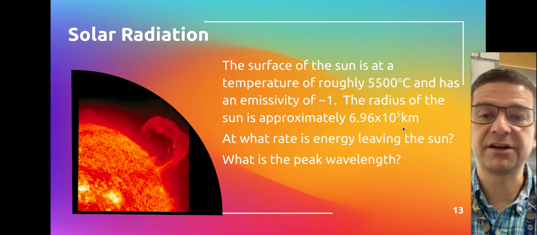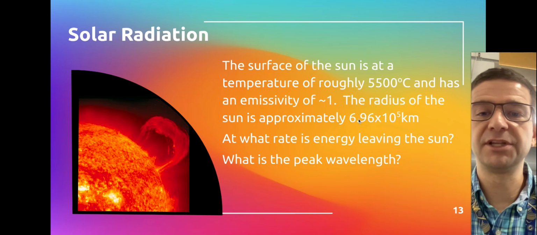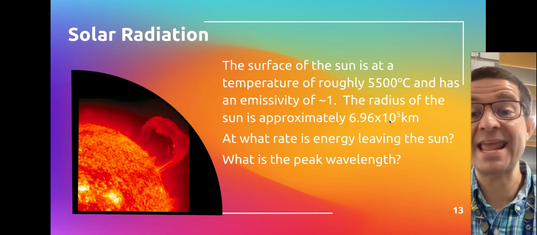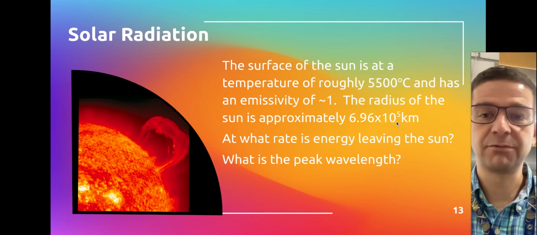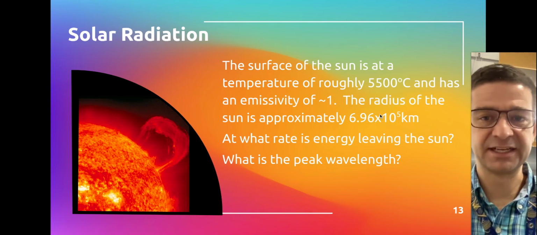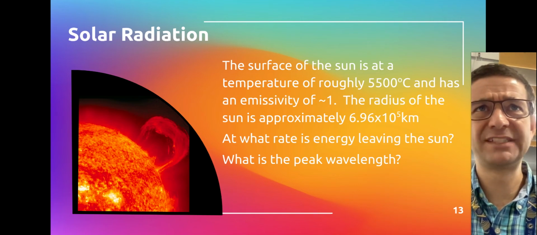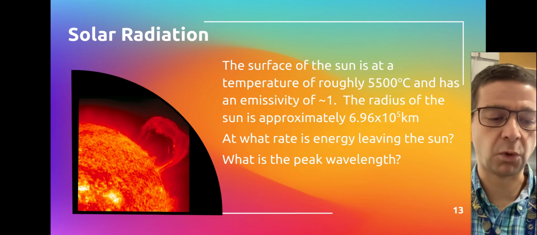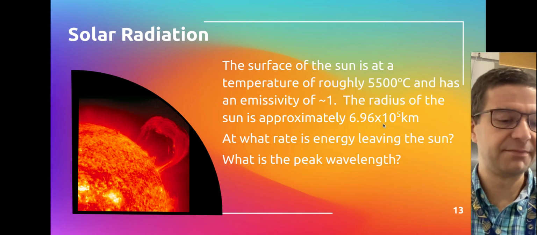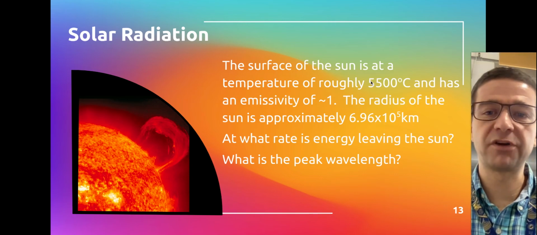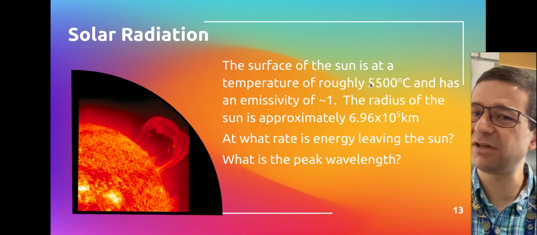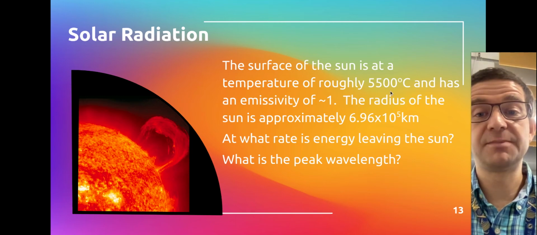And the distance here, since it's in kilometers, really should be written as 6.96 times 10 to the 8th meters when you're using that. So the surface area of the sun is going to have approximately a power of 10 to the 17 or so.